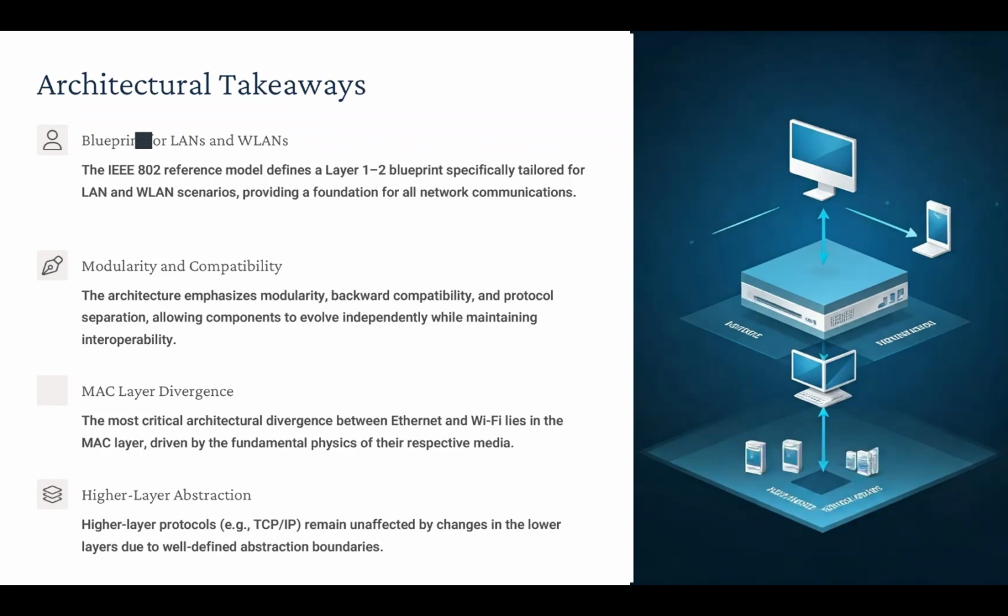This architecture is inherently future-proof because innovation in one layer doesn't require redesigning the entire stack. So these are the key characteristics of the architecture in IEEE 802 standards.